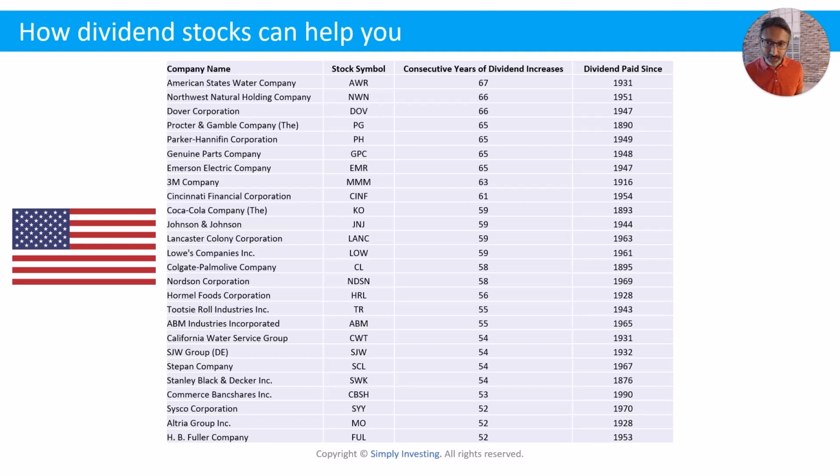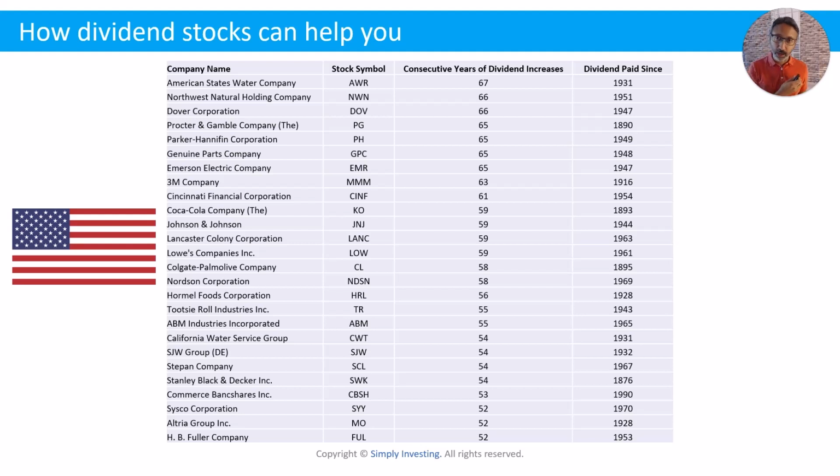But companies like these, and you can see on the screen, Johnson & Johnson, Coca-Cola, 3M, Procter & Gamble, Black & Decker, you can see companies like this have been consecutively increasing dividends for 40, 50, 60 years.